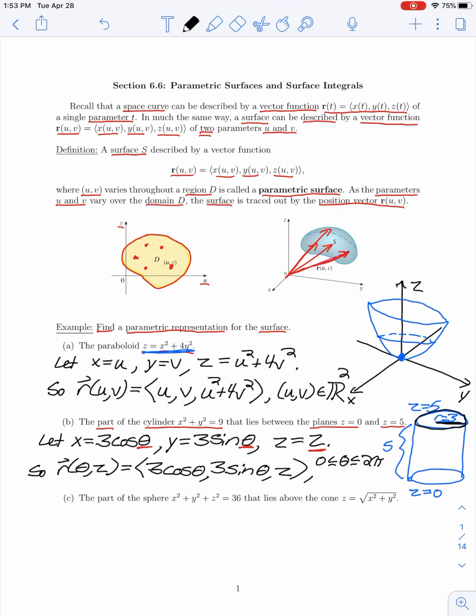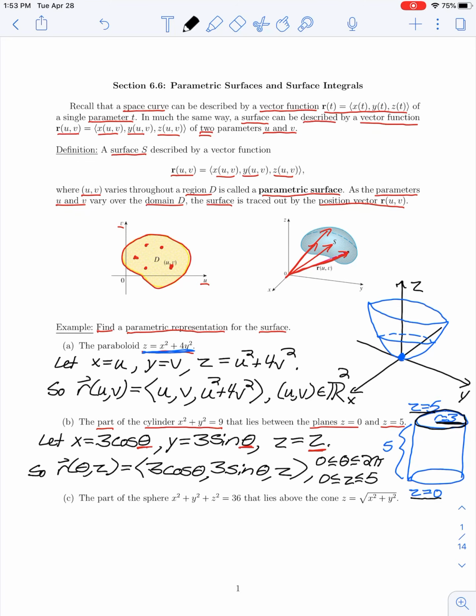And our z value would range from the lower plane, z equals 0, to the upper plane, z equals 5. So z also needs to lie between 0 and 5 to describe the particular part of the surface that we're interested in for this problem.